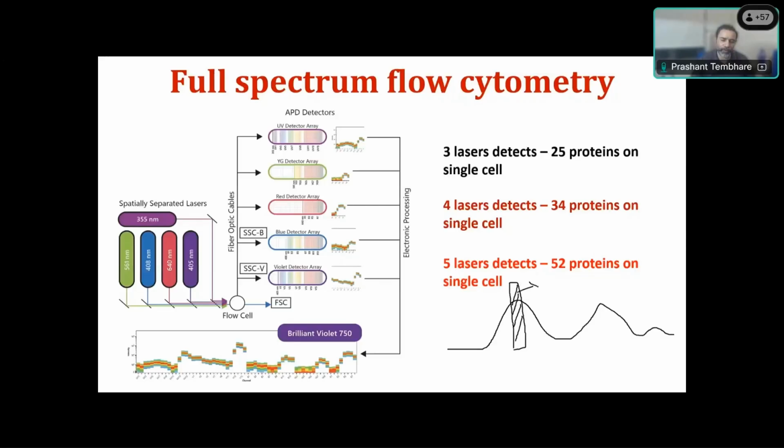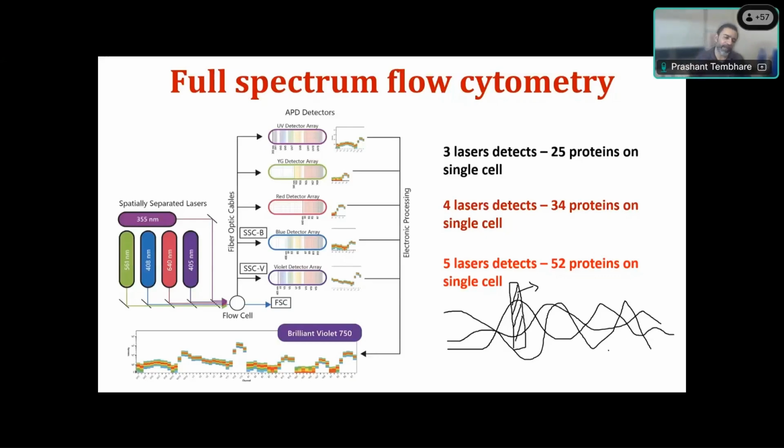Now in full spectrum flow cytometry, we are detecting the complete spectrum of fluorescence. Because all fluorochromes have different fluorescence patterns, based on their full spectrum you can separate the signal from all fluorochromes, and this allows you to use multiple fluorochromes in the same channel.